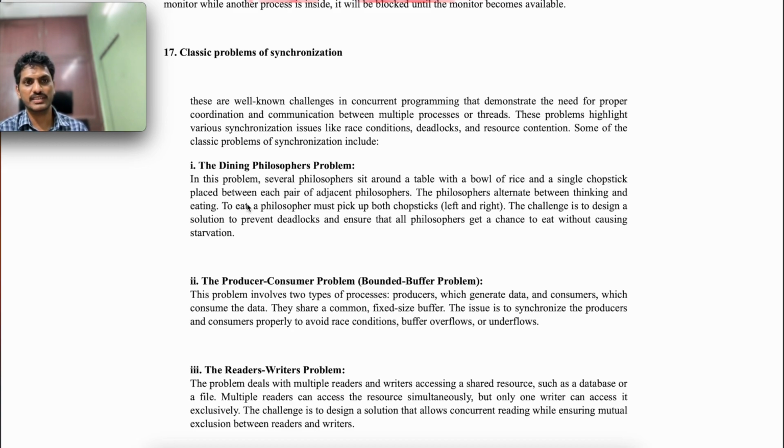One spoon is given between two people, like that, there is a spoon between every two persons. Thinking and eating are the two tasks. The spoons are not sufficient for eating, since there is one spoon between each pair of philosophers. So that is the problem.